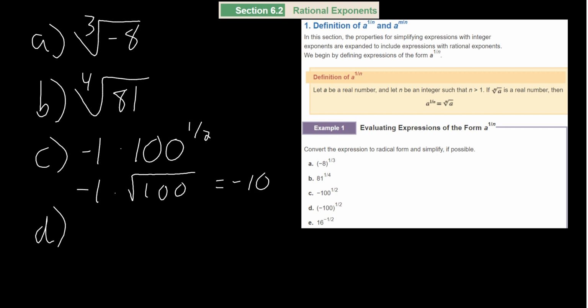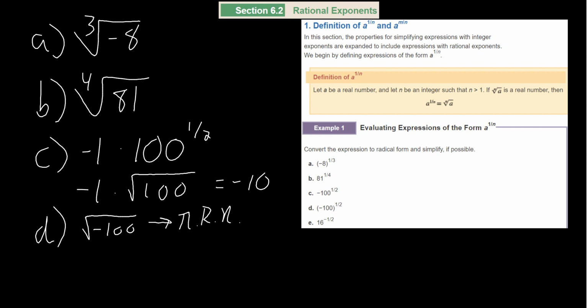Now D is a little different because we can't separate the negative 1 from the 100. This is simply saying the square root of negative 100, because it is a 1/2 power, which we know is not a real number.